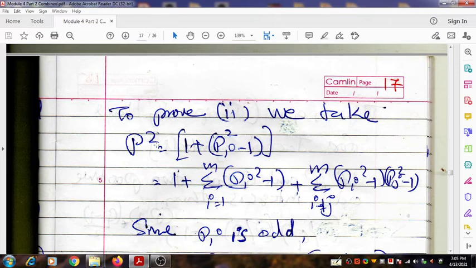So we add 1 and we subtract 1 to each pi squared, taking the three quantities together in a bracket, and considering pi squared as a representative member of the product, we write the product over i from 1 to m.